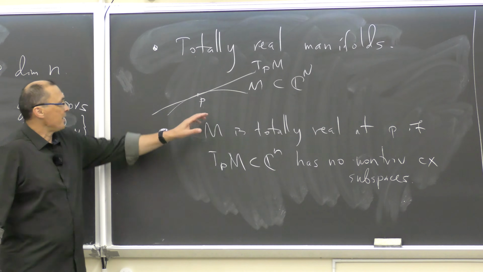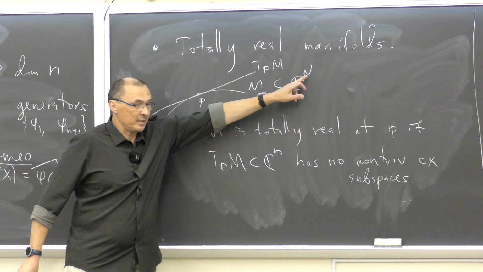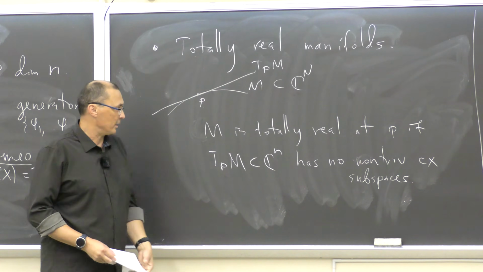So from this, it's clear that totally real may have at most real dimension n, half of the dimension, in which case it is called maximally totally real.